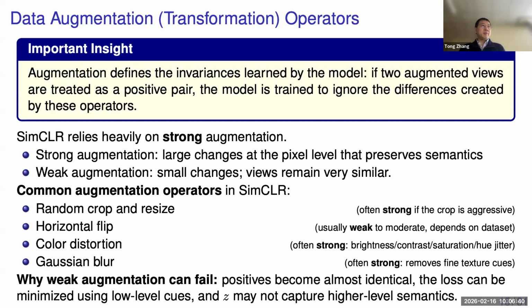Data augmentation. I want to say this is a little bit differentiated from the denoising autoencoder. If you say adding noise is a transformation in a denoising autoencoder, then this one is a little bit different, even philosophically. You want a really large change. Augmentation basically defines the invariance.